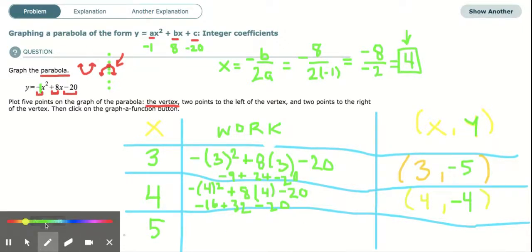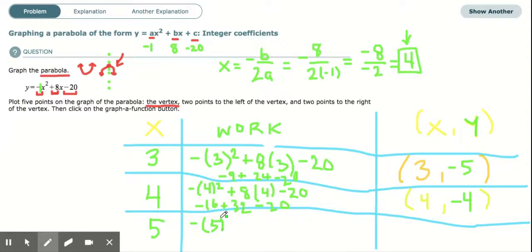And last but not least, let's plug in a 5 and see what we get. Plus 8x, so 8 and x is 5, so that times 5, minus 20. All right, I'm going to do this one in my head a little more. 5 squared is 25, so negative 25 plus 40, because 8 times 5 is 40, minus 20.